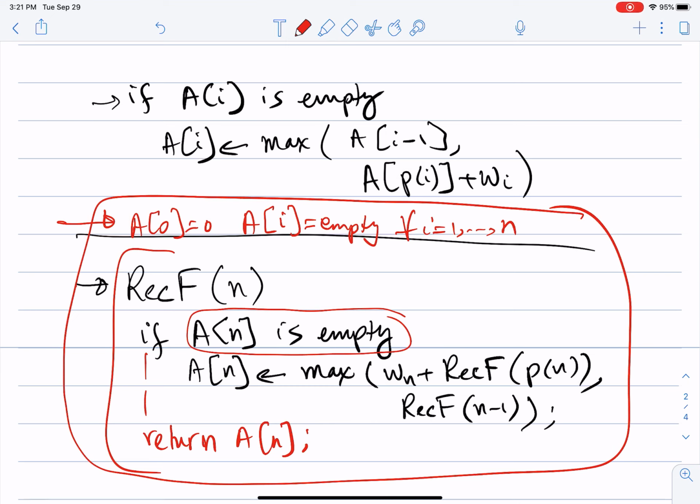This notion here is what we also call memoization. So when we talk about dynamic programming, or memoization in this case, we don't want the most straightforward implementation of the recursive algorithm that doesn't avoid recalculating overlapping solutions.